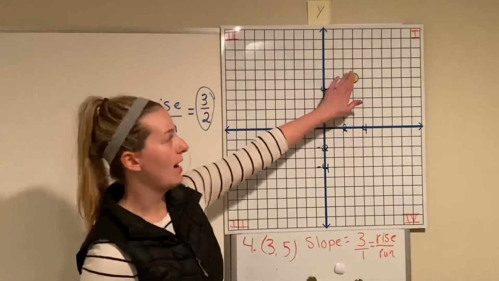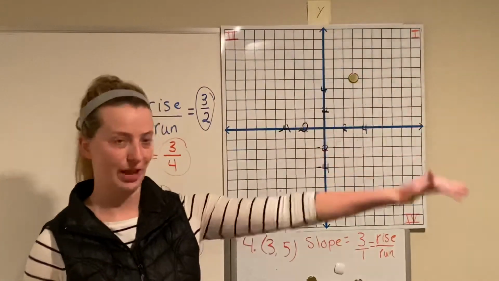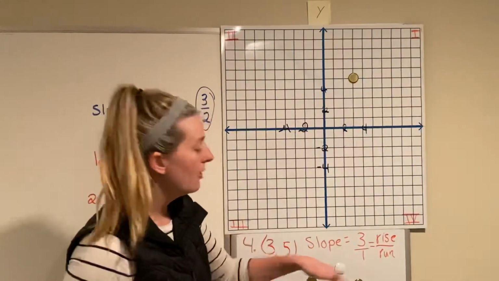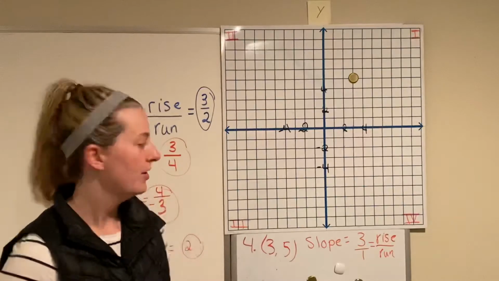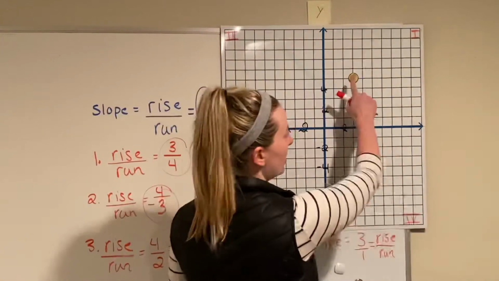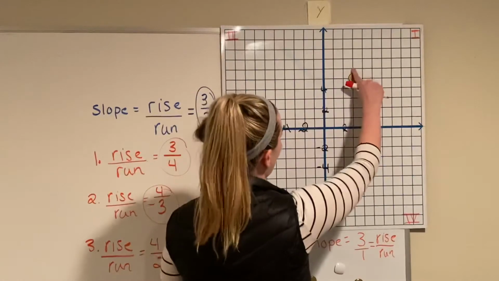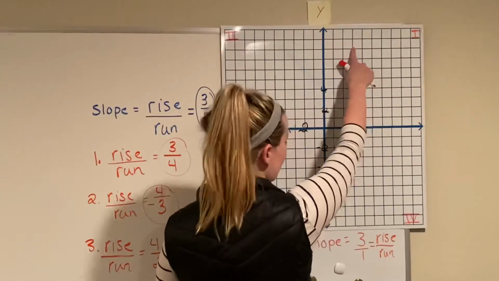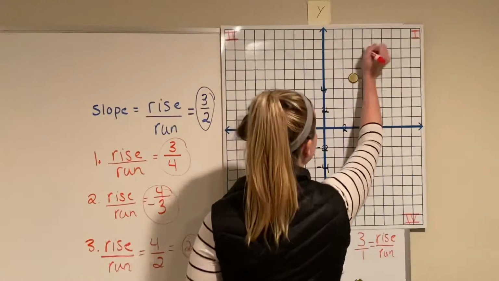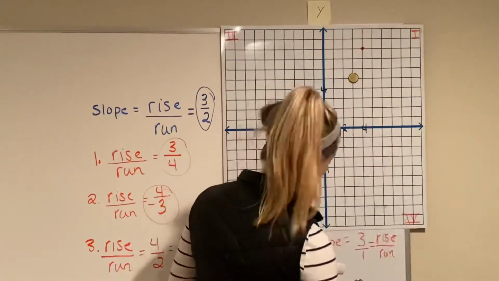So we've already graphed our first point. That's our starting location. So now we go ahead and graph our slope. So our slope means we rise 3. So starting at our starting point, which is the number they gave you, we go up 3. 1, 2, 3. And we run once. And that gives us a point right there.